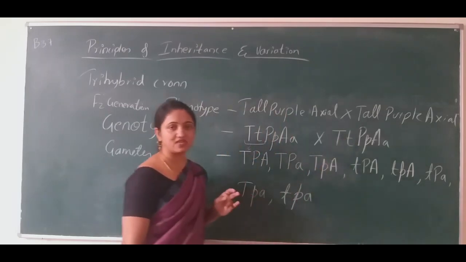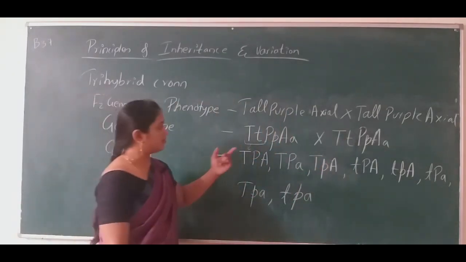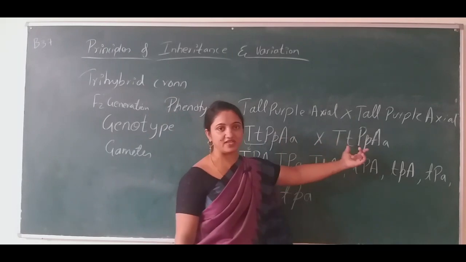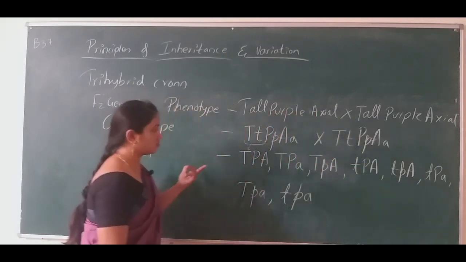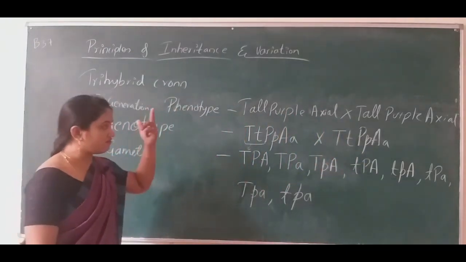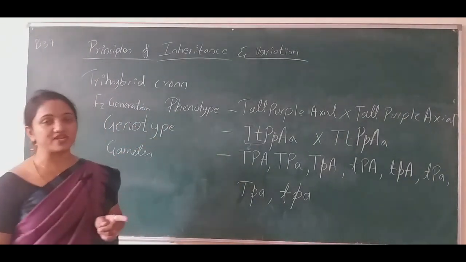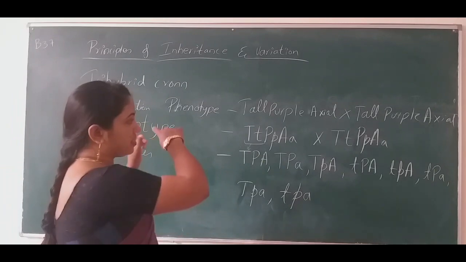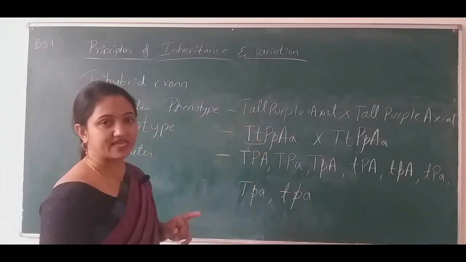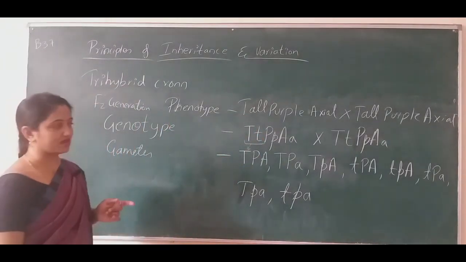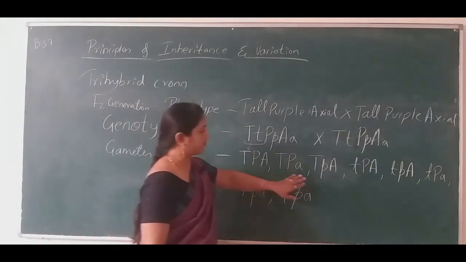Why am I telling the same type of gamete? Because we are self-pollinating the plants here. So I have written only one parent's gametes here. When I start putting the Punnett square, you will come to know the male parent gametes and female parent gametes. Just think of this.